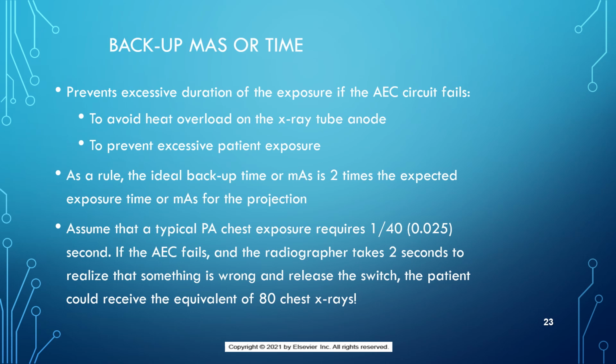Now in general, your backup mass, your backup time, should be no more than twice what you expect to use. So even when you're using AEC, you should have an idea what you expect the mass to read out at.